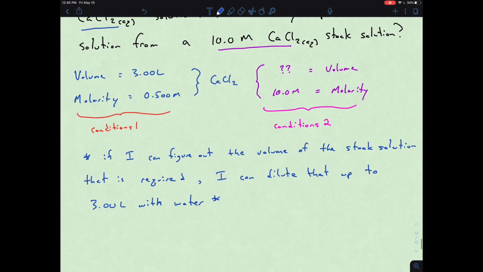So the idea here is that we want to use M1V1 equals M2V2 to figure out the relationship.